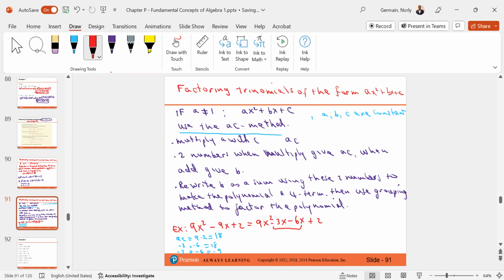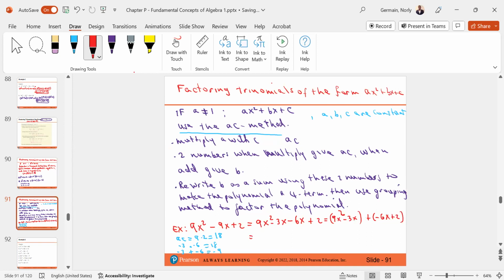So what we do now, because it's 4 terms, we can use grouping. So we can group any two. What I'm going to do is group 9x squared minus 3x plus negative 6x plus 2.